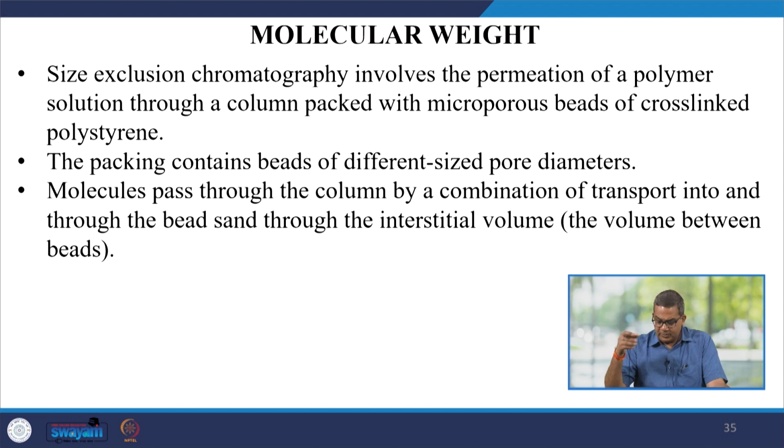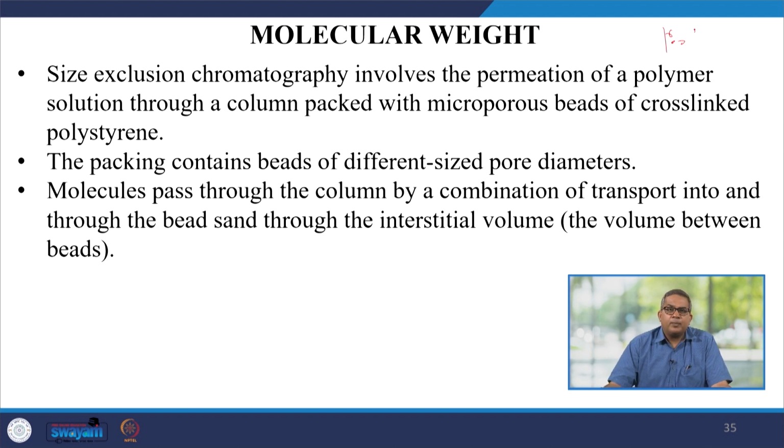Now, size exclusion chromatography involves the permeation of a polymer solution through a column packed with microporous beads of cross-linked polystyrene. The packing contains beads with different pore diameters, like small beads.